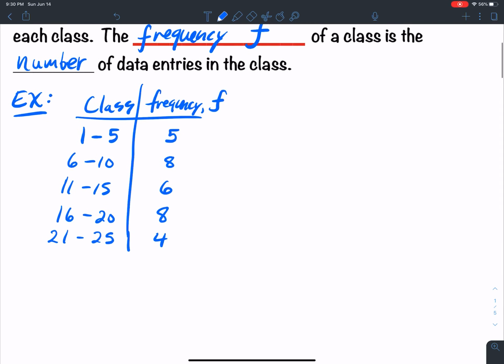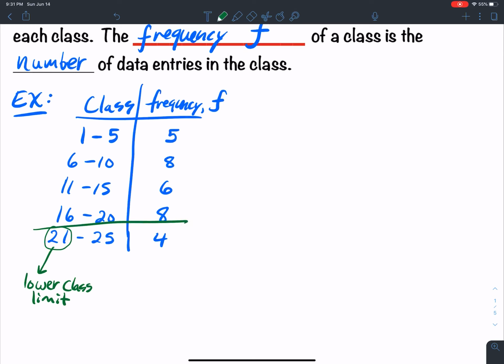So we call the number on the lower side, so this 21 here, the 16, the 11, the 6, the 1, these are known as the lower class limit. Okay. It's the smallest possible number that you could have in that class.